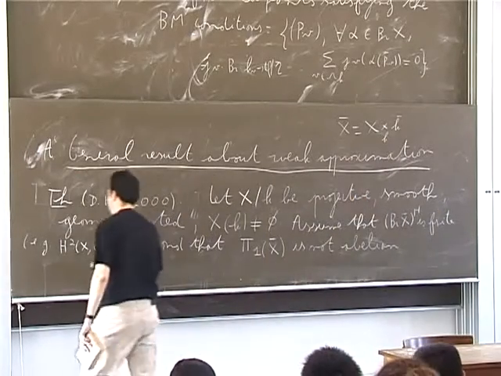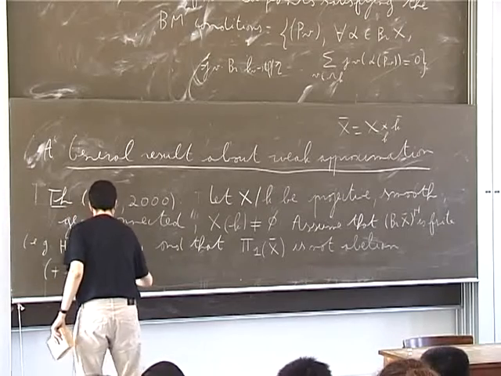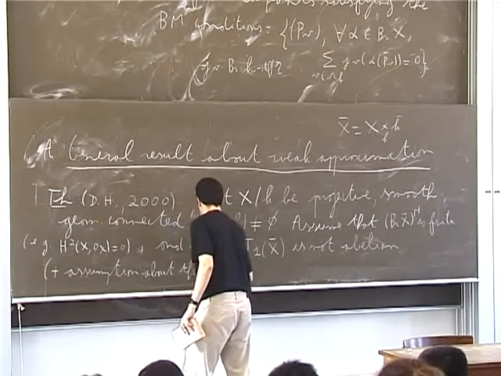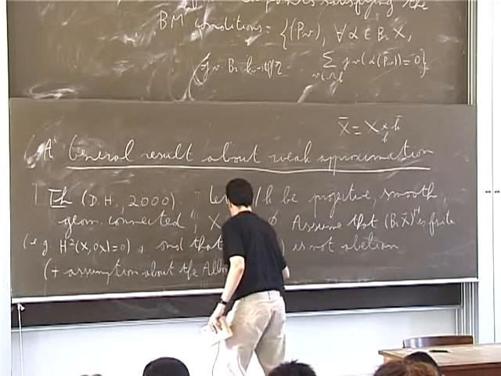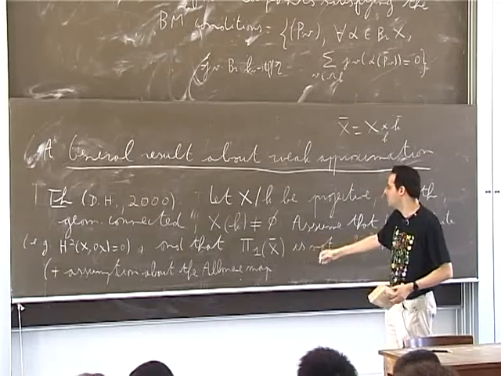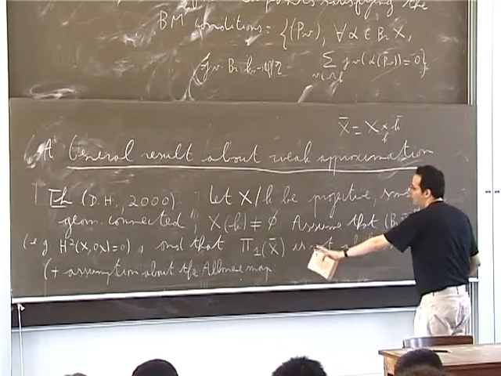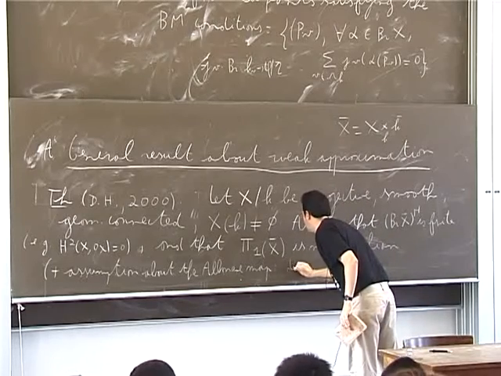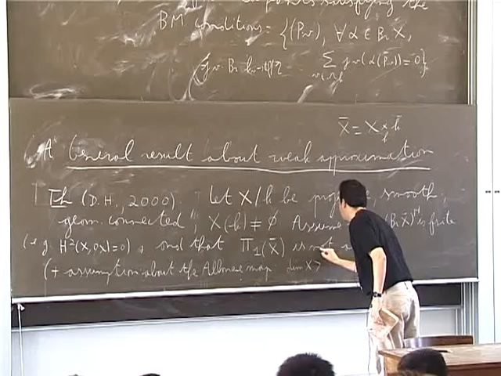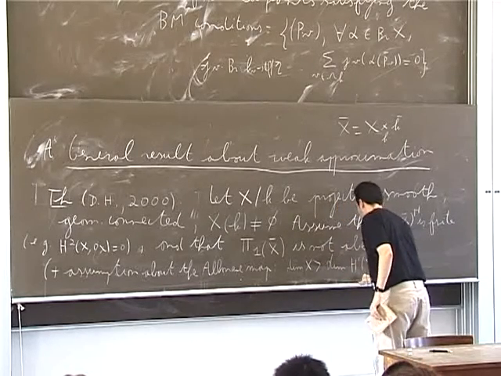And you have to add an assumption about the Albanese map. The technical condition is faithfully flat with reduced and connected fibers, but essentially this means that the important assumption is that the dimension of X has to be strictly bigger than the dimension of its Albanese variety.